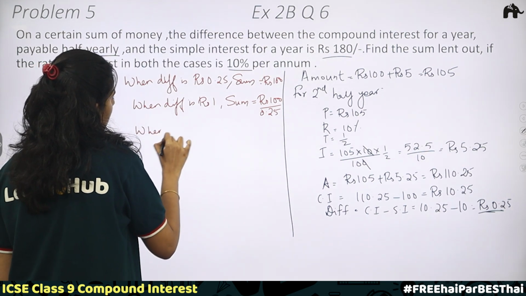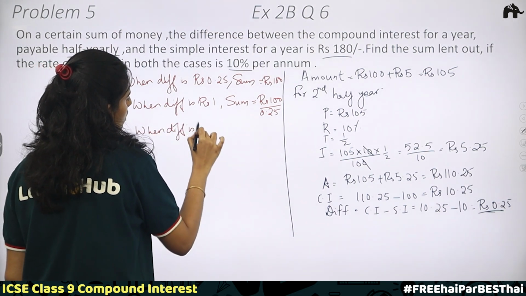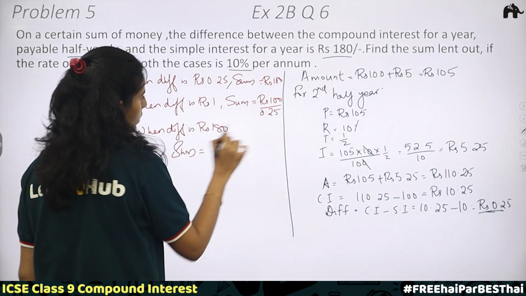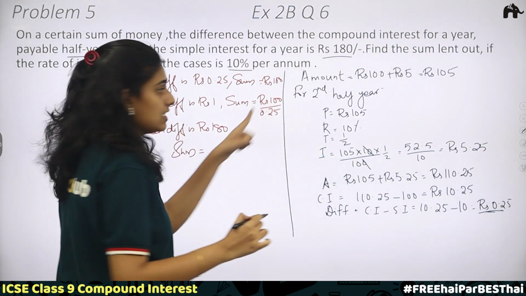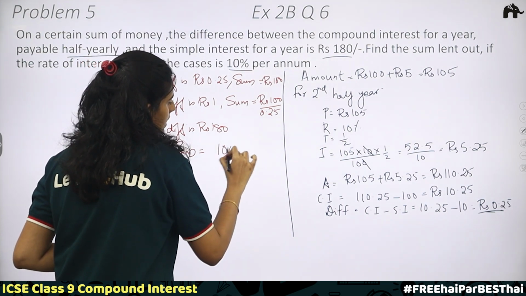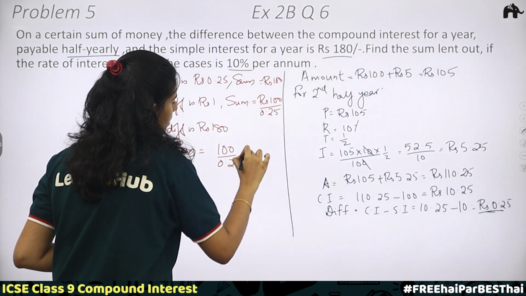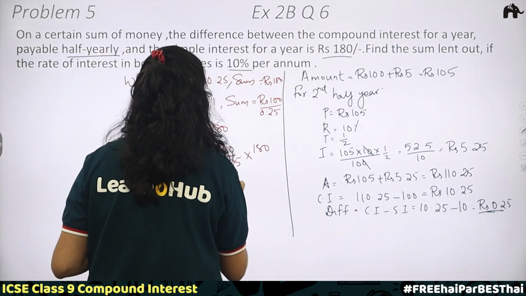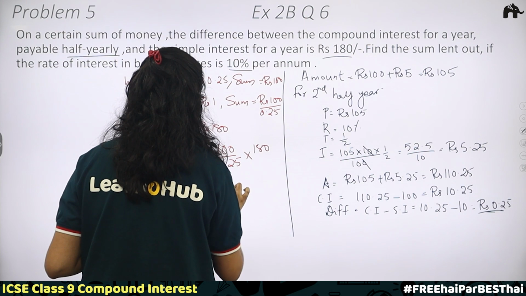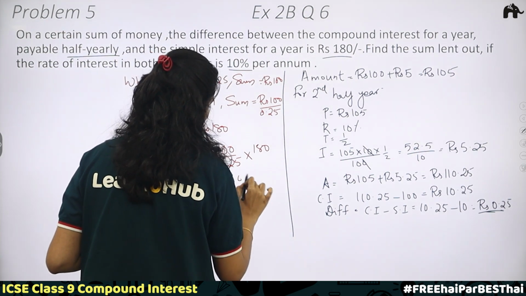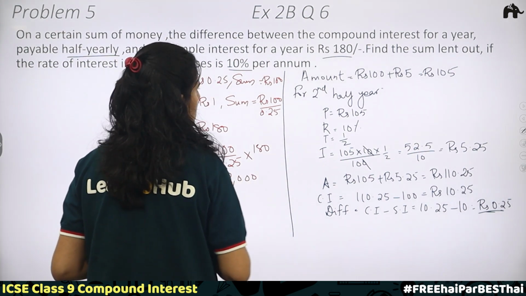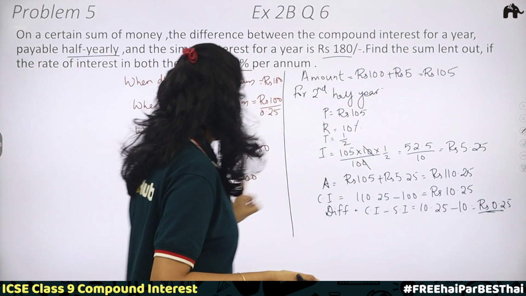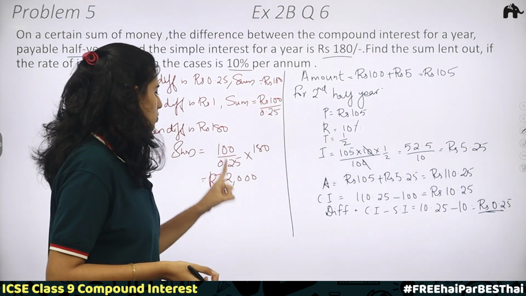When difference is rupees 180, what will be the sum? Sum will be equal to, for rupees 1, it is 100 divided by 0.25 into rupees 180. When you calculate, you will be getting 72,000. Okay. So the sum or the principal amount which is lent out is equal to rupees 72,000.